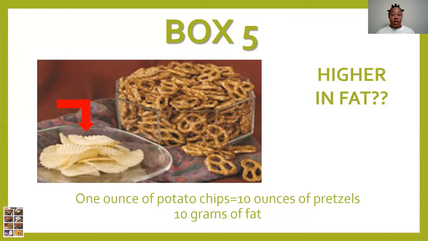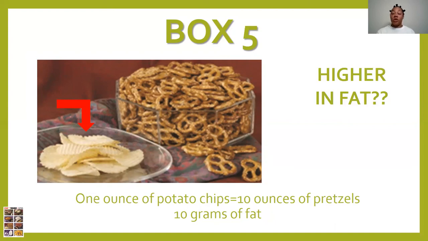And once again, why? That's because it's a smaller amount of food, but it's higher in fat. Are we just gonna settle for that little, that's probably maybe 10 chips, like a nice little handful of chips? Are we just gonna eat a handful of chips? No. But are we gonna eat 10 ounces of pretzels? Probably not, right?